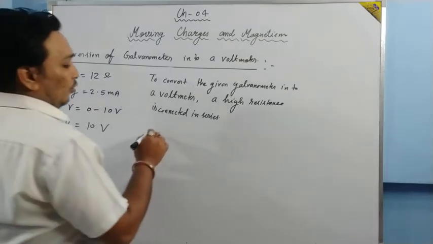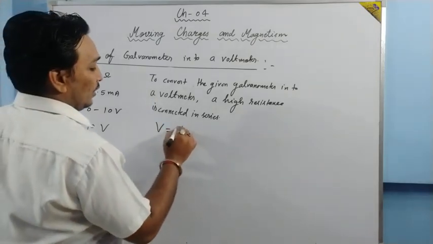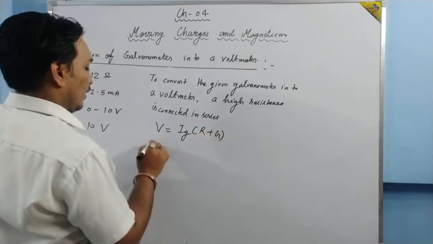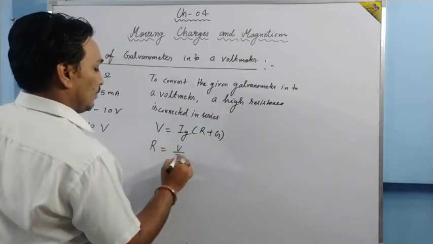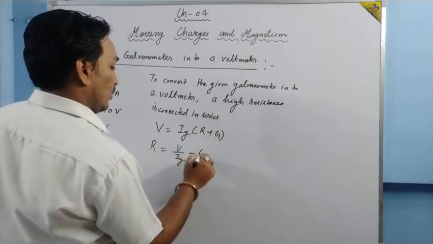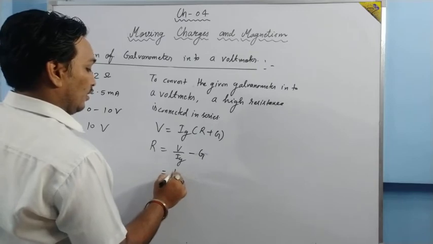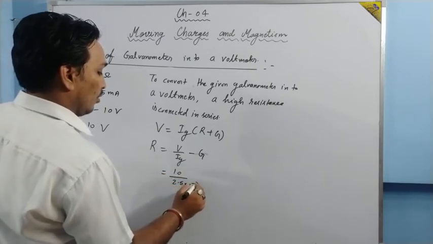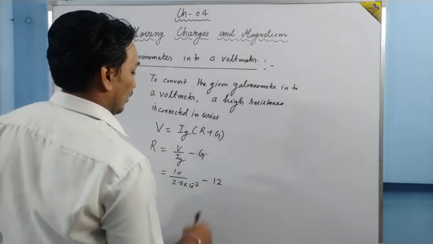For R, the general formula is V equals Ig in bracket R plus G. From here the value of R is V upon Ig minus G. What is the value of V here? 10. What is the value of Ig? It is 2.5 milliampere, 2.5 times 10 to the power minus 3, minus 12.